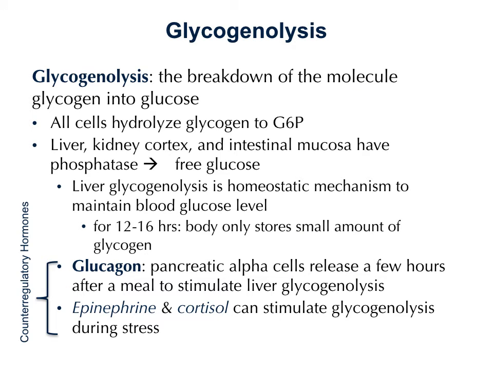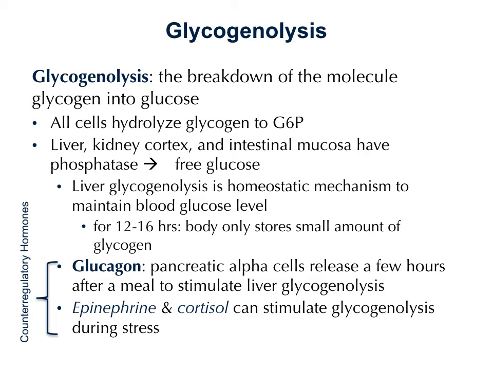And then we also need to talk about glycogenolysis, because we make our glycogen, and then when we need sugar, we can break off pieces of glucose from that big giant glycogen storage molecule. Glycogenolysis is essentially a reversal of glycogenesis.